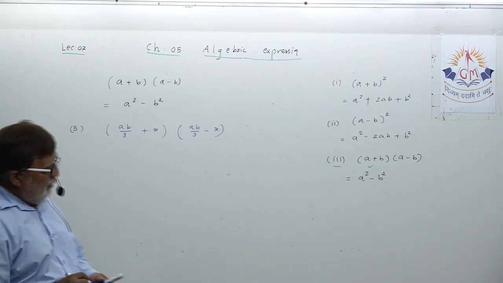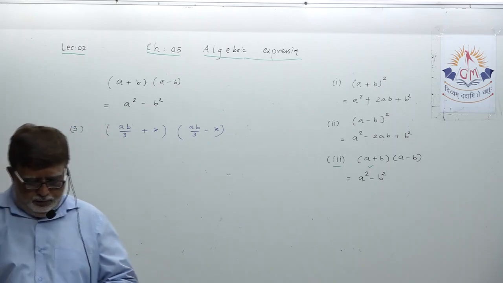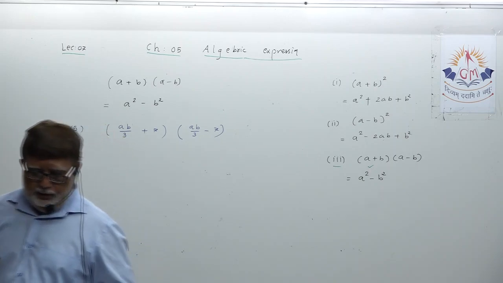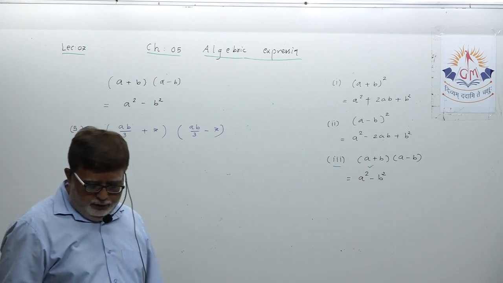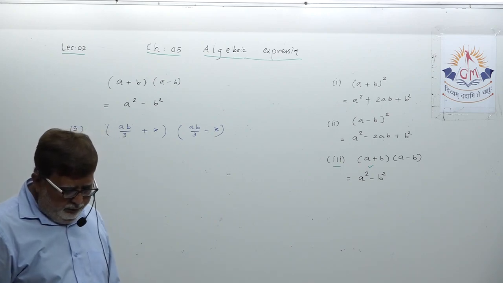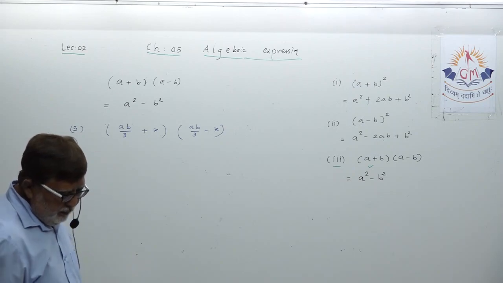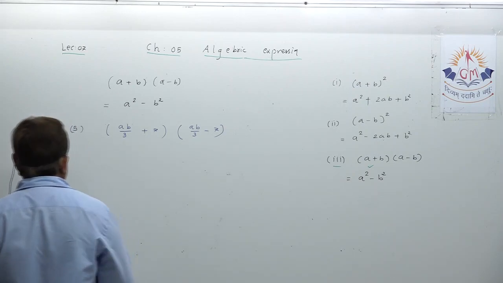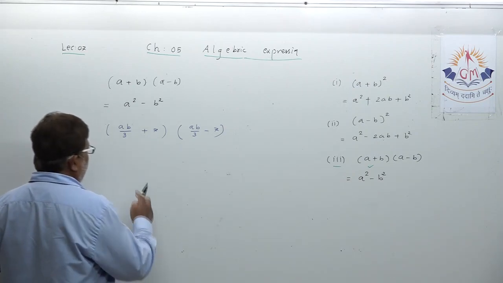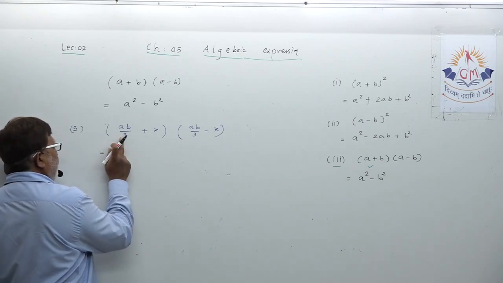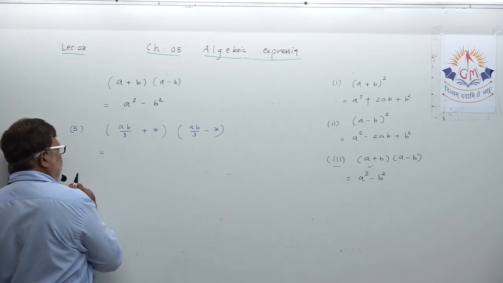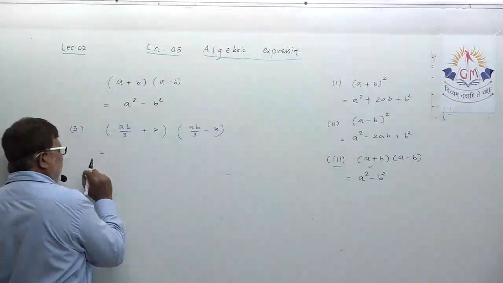Check both the brackets which are given to you. Understand and never get confused. It is like a plus b and a minus b; the first term can be considered a and the second term can be considered b. It is like a plus b into a minus b.